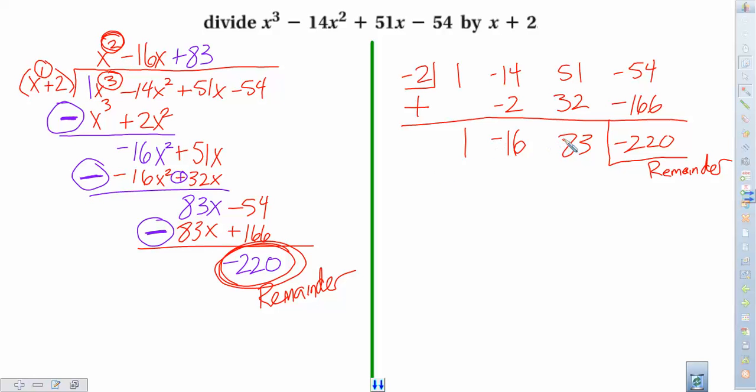That's the beauty part about writing this in order from highest degree to lowest degree. What you're looking at right there is actually 1x squared, 1 degree less. Then there is a negative 16x, and then just 83 with no x there. And then you have your remainder of negative 220.